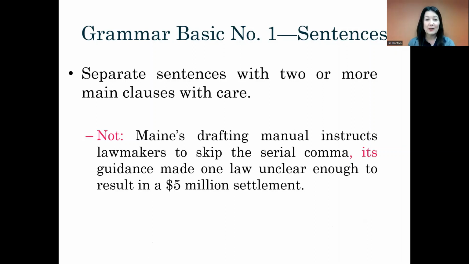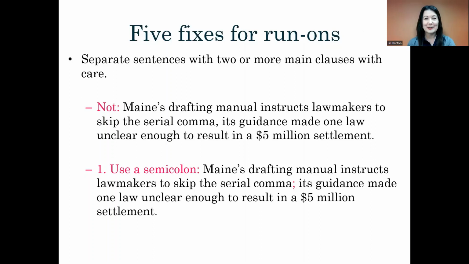Its guidance made one law unclear enough to result in a $5 million settlement. That's a 2nd sentence. Combined only with a comma, this is incorrect. It creates a run-on, and this is actually true. The legislative drafting manual in Maine did advise to not use the serial comma, something we will not do, and it did cause a settlement in a legal dispute.